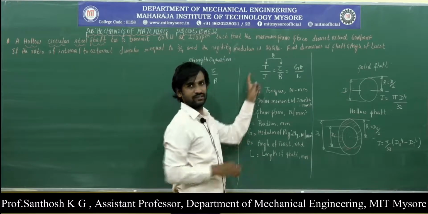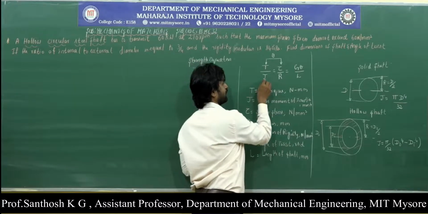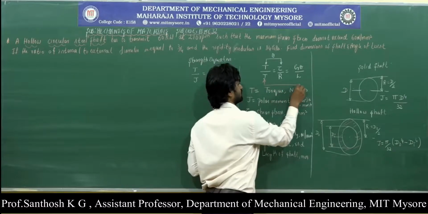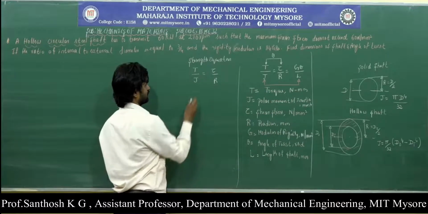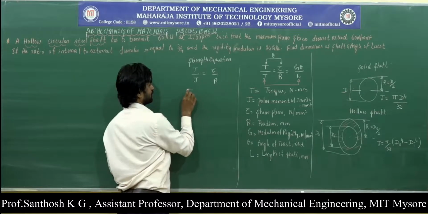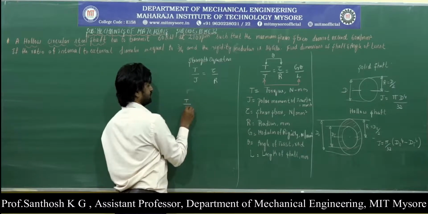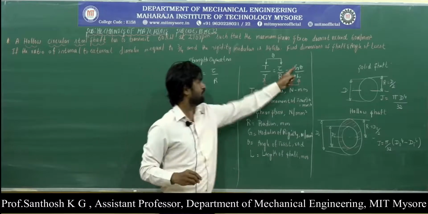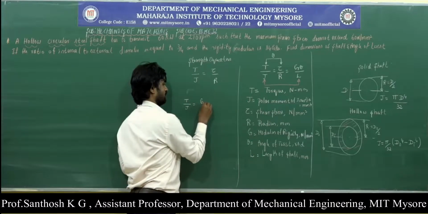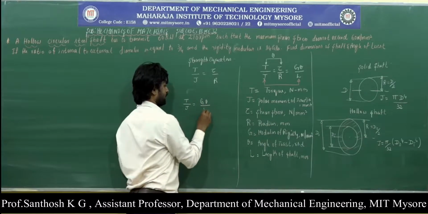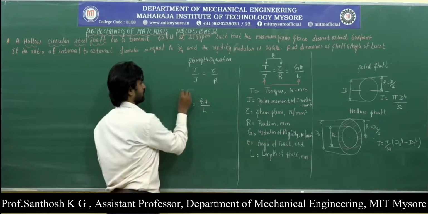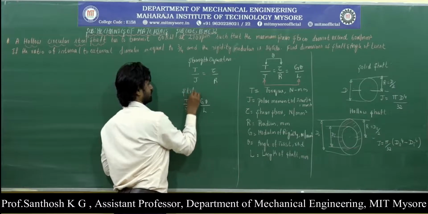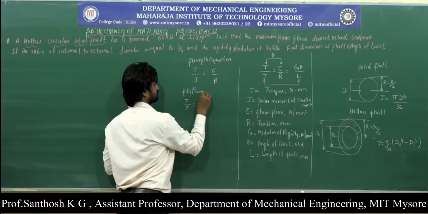Similarly, in this torsion equation, if I equate the first term with the last term, that is, T by J equals G theta divided by L, then this equation is called the stiffness equation.